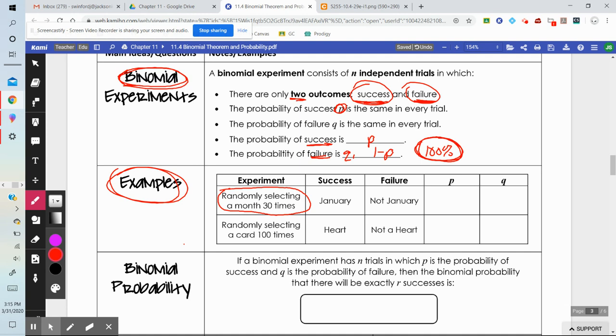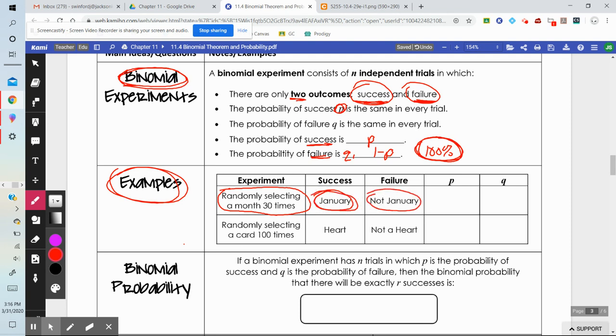But again, the experiment is we're going to randomly select a month 30 times. And let's say that if the month that is selected is January, then we call that a success. If it's not January, then it's a fail.